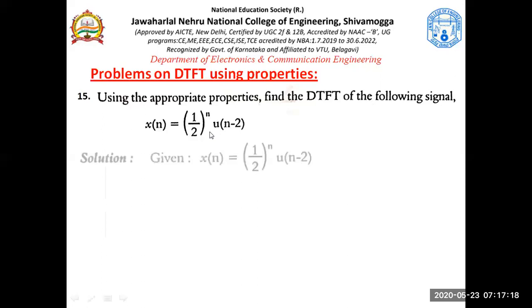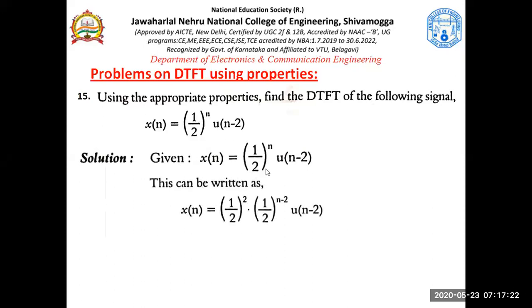Okay, so given is this equation, it can also be written as half to the power, what is supposed to be there, half to the power minus 2, right? So if half to the power minus 2 comes along with this, to compensate that we need to have half power 2. So it's as good as multiplying the right side by 1.